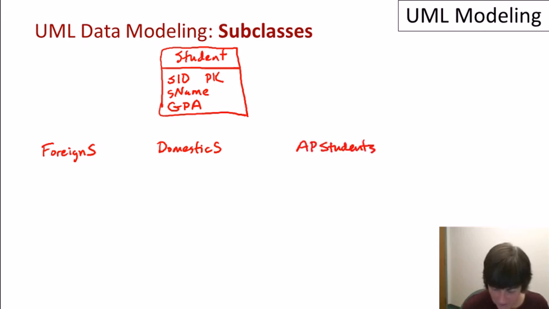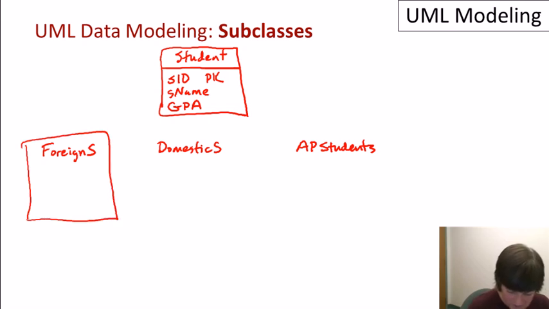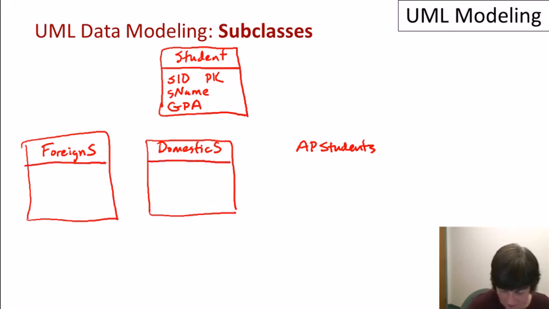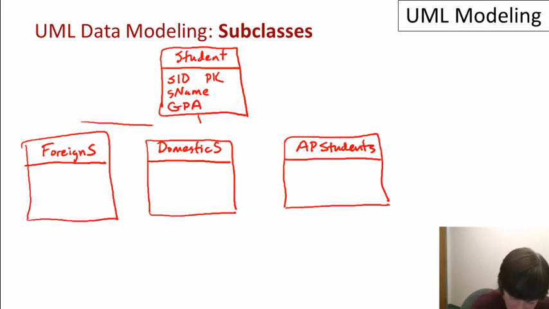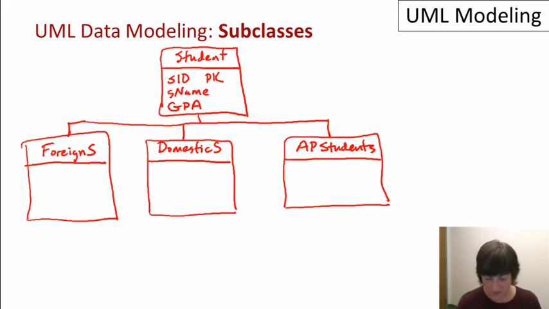And I'm going to assume that you already know a little bit about subclassing from programming. So the idea is that when we have a subclass, there are attributes that are specific to the objects that are in that subclass, and they'll inherit the attributes from their superclass. So we're going to make student be a superclass here, and this is how we draw it, with three subclasses here for foreign student, domestic student, and AP students.